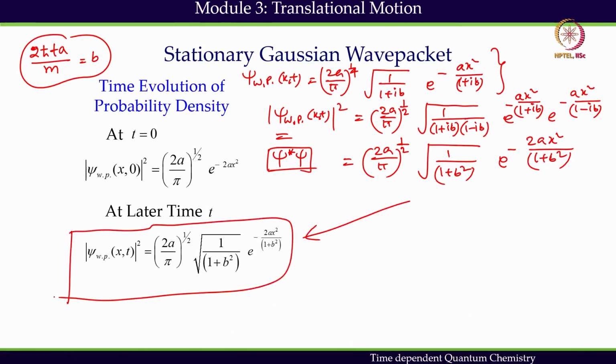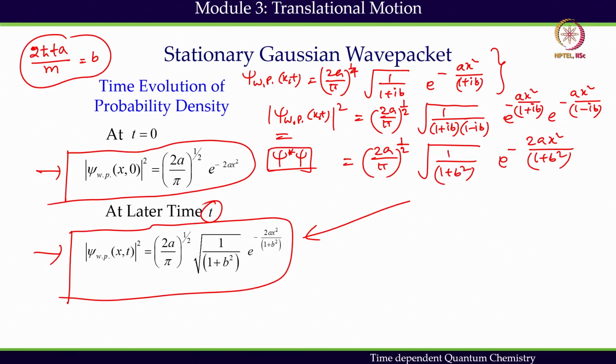So, what we have presented is that this is the probability density distribution of that particle at any later time, and the initial density distribution was this. So, these are the two different expressions we have for different time. This is the initial time and this was the final time, the density distribution.